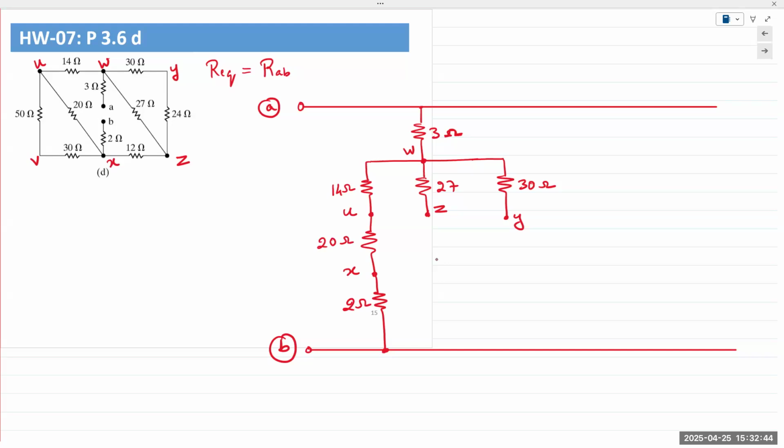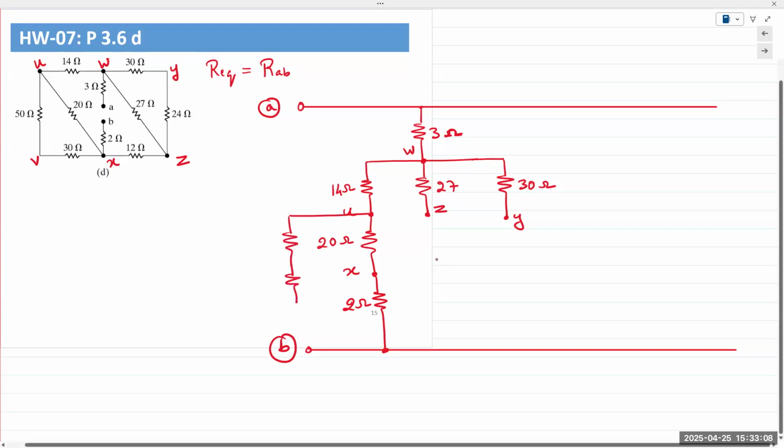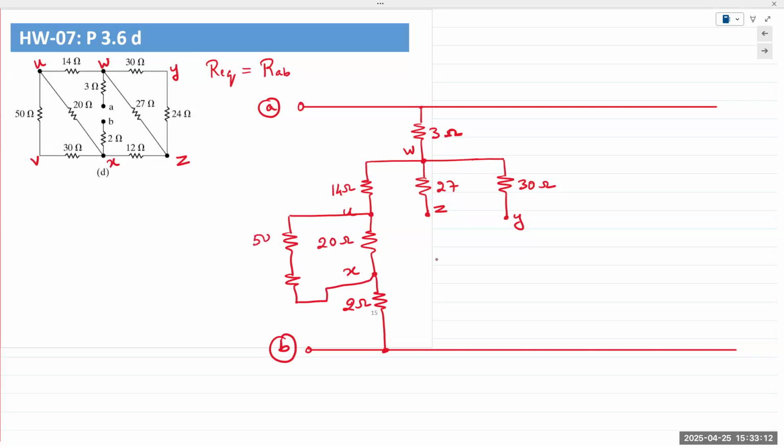Did that make sense to everyone? I'm just following the nodes. But what else is connected between U and X? We have node V, which has 2 resistors. So between U and X, I have 50.